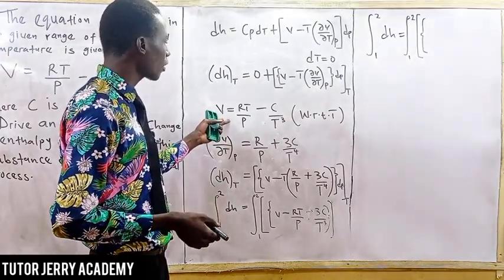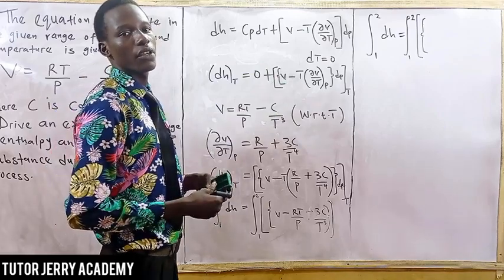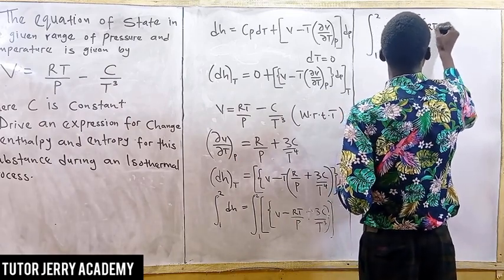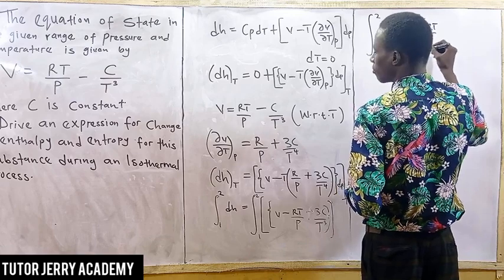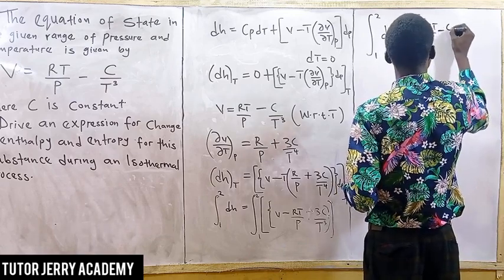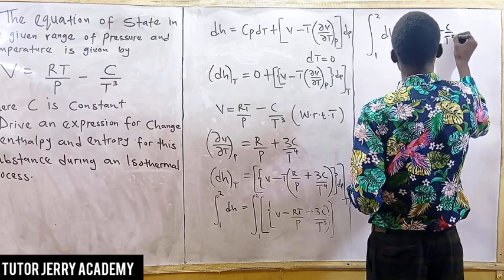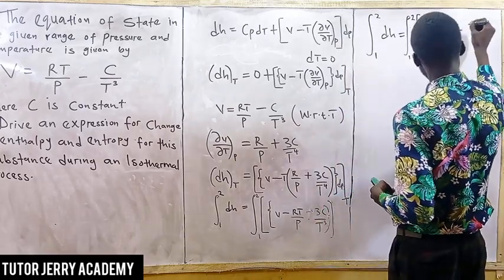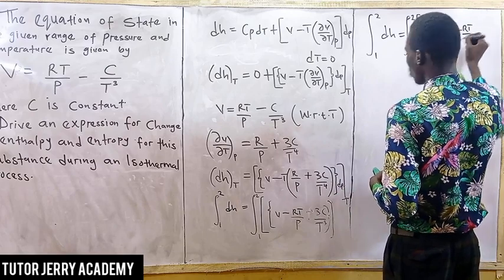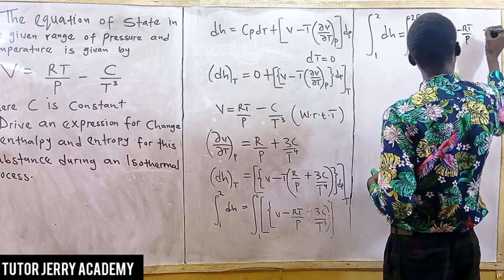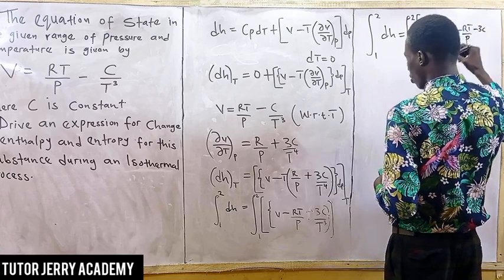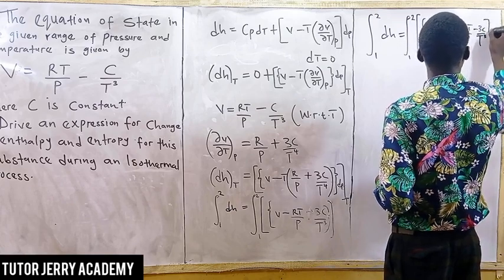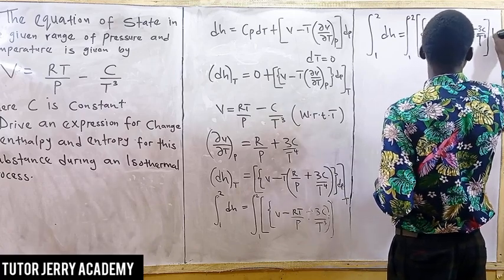So we can substitute for V in the above equation. We get RT over P minus C over T cubed, then minus RT over P minus 3C over T to the power of 3, close the bracket, dP.